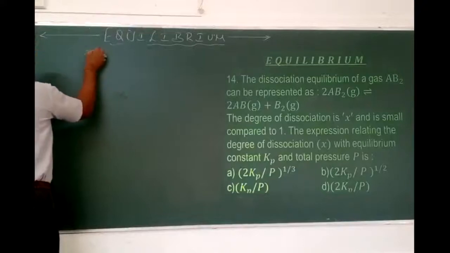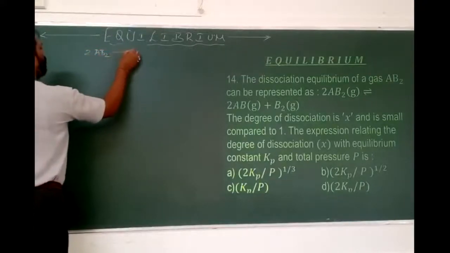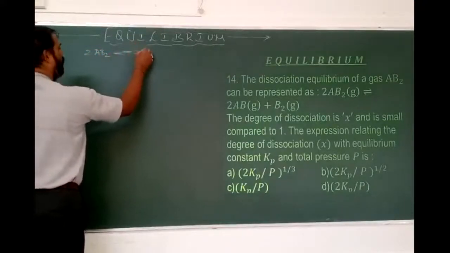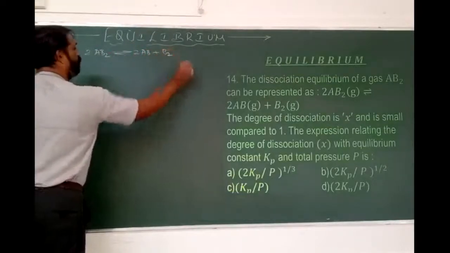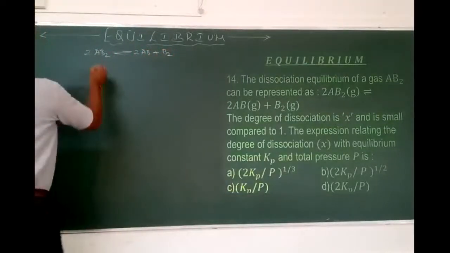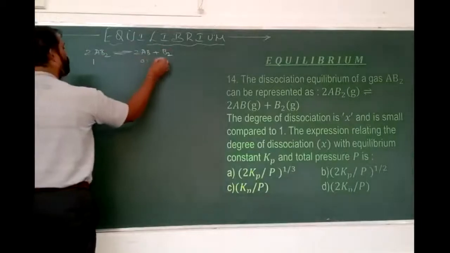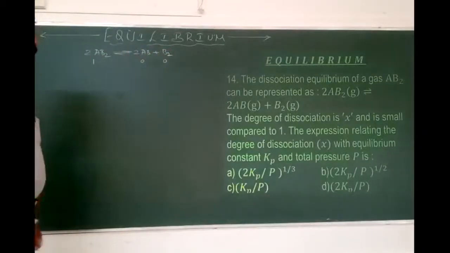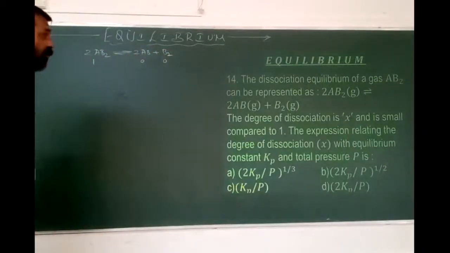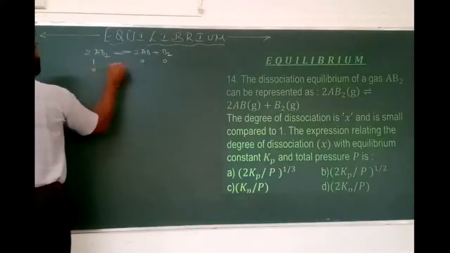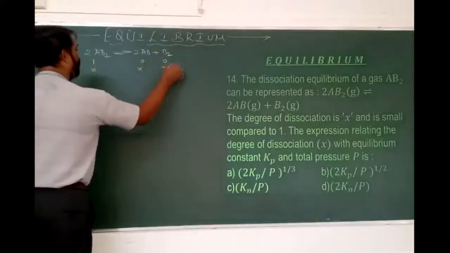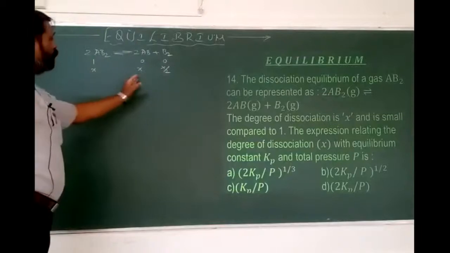So here the equation is 2AB2 gives rise to 2AB plus B2. Initially we have 1, 0 and 0. The degree of dissociation is found to be X, so AB is X and B2 is X by 2, because they are in the ratio 2 to 2 to 1.